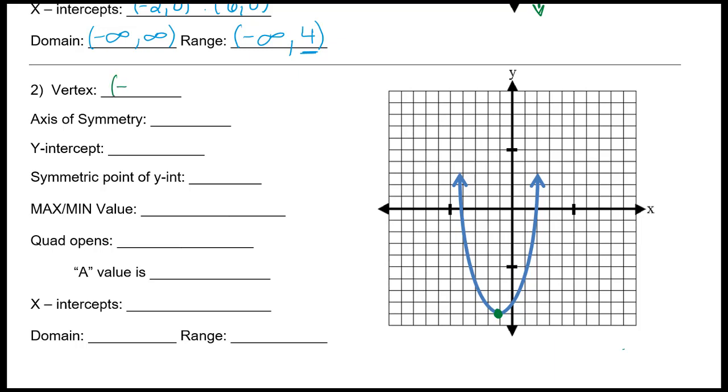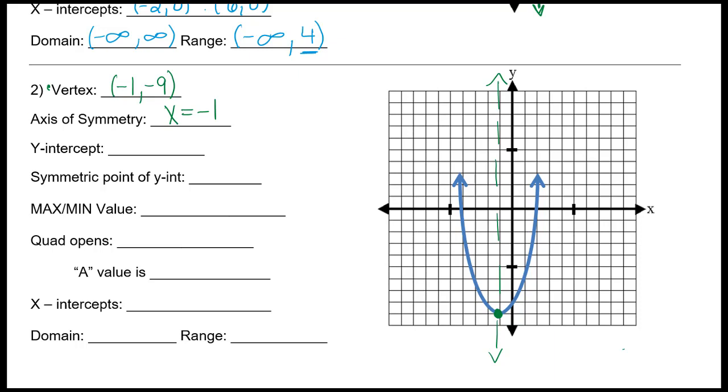So that vertex is written as -1, -9, and our axis of symmetry runs through that vertex. And we write that as a line. So we're going to write that as x is equal to -1. Again, that axis of symmetry reflects those points from that left-hand side to the right-hand side.